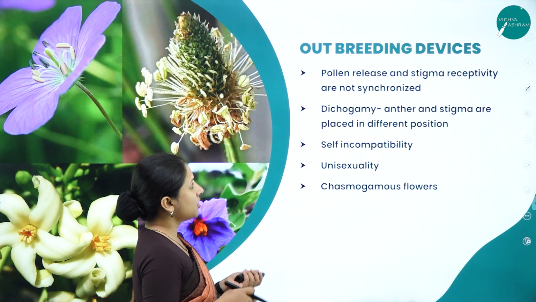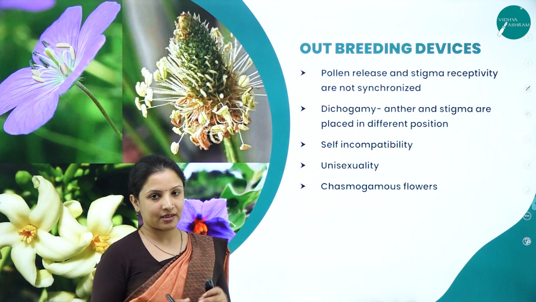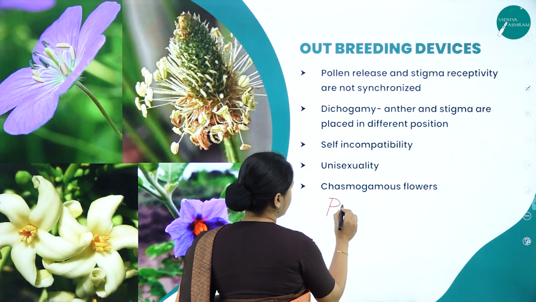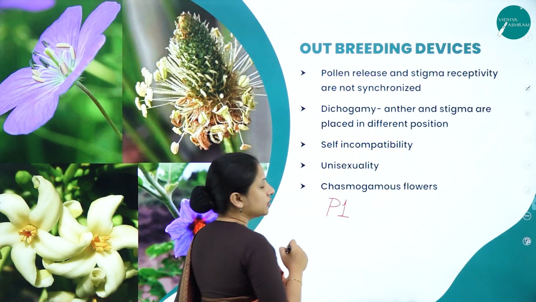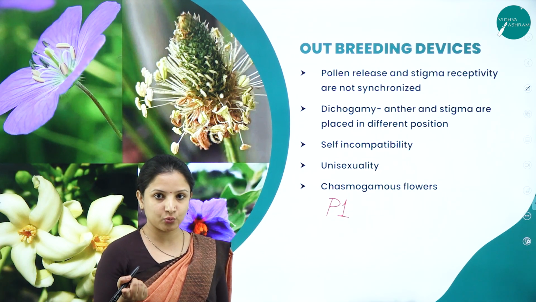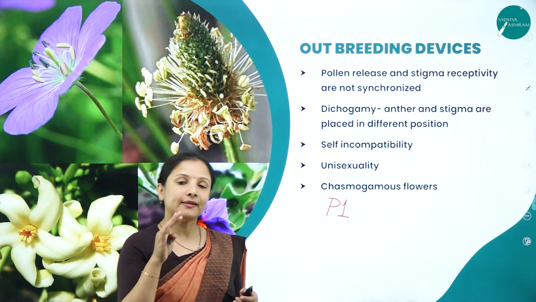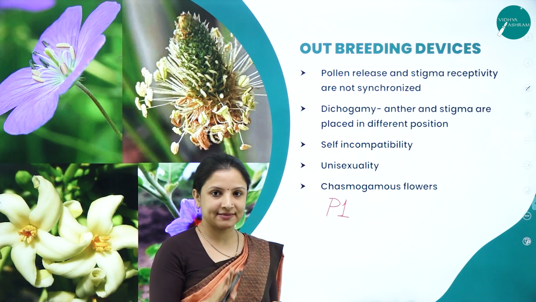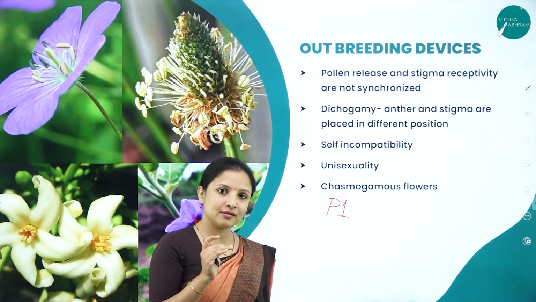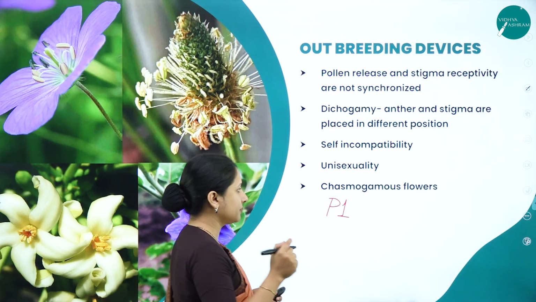Here the pollen release and the stigma receptivity are not synchronized. Say for example, I have plant 1. Here self-pollination means autogamy. In the previous session we learned, right, wherein the stigma and the anther that are present in the same flower, it is a bisexual flower, wherein the anthers, once they release the pollen grain, it will fall on the stigma, right?